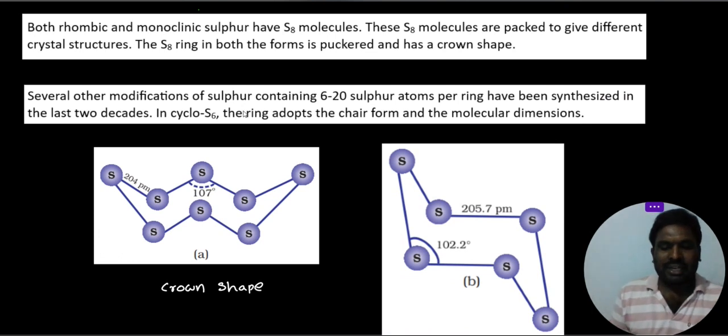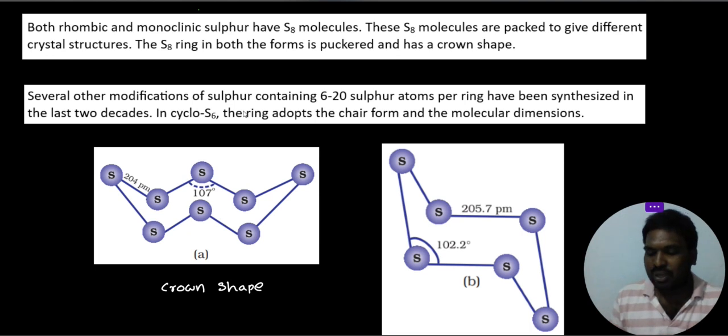Now both rhombic and monoclinic sulfurs have S8 molecules. These S8 molecules are packed to give different crystalline structures. The S8 ring in both the forms is puckered and has a crown shape. Particularly, S8 molecules exist in a crown shape.